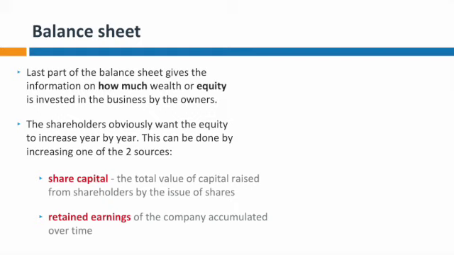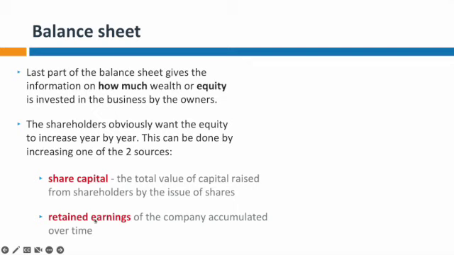How do you do that? Well, first of all, you need to start earning profit. If you are not going to have any profit, then obviously you're not going to increase the value of your business in the long term. Remember, the number one goal of any business organization is to earn profit. So this is actually how equity increases.